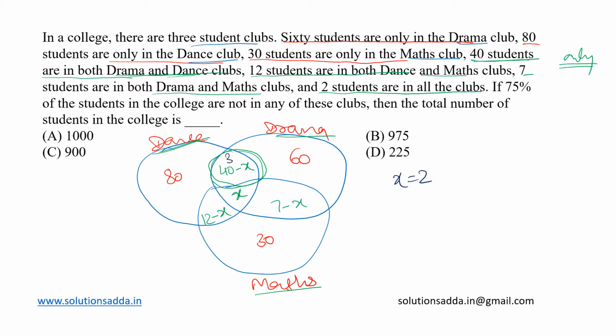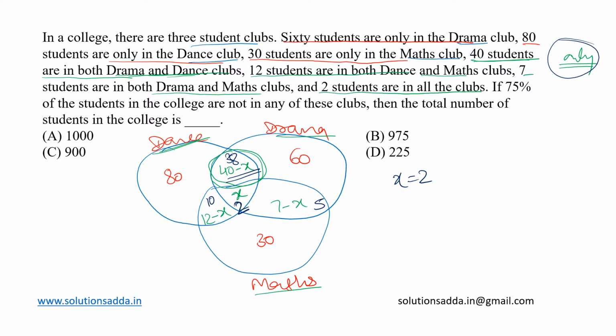Hence this becomes now 38, 5 and 10. In total, 38 students are there only in the dance and drama club and not 40, because 40 will also include these 2 which belong to all the 3. If I'm saying that I belong to all the 3 clubs, then I will definitely belong to dance and drama club. Hence they had included it over here without using the word only.